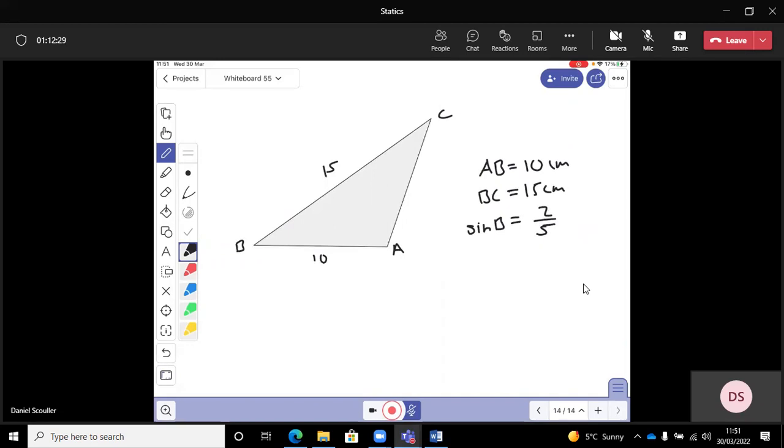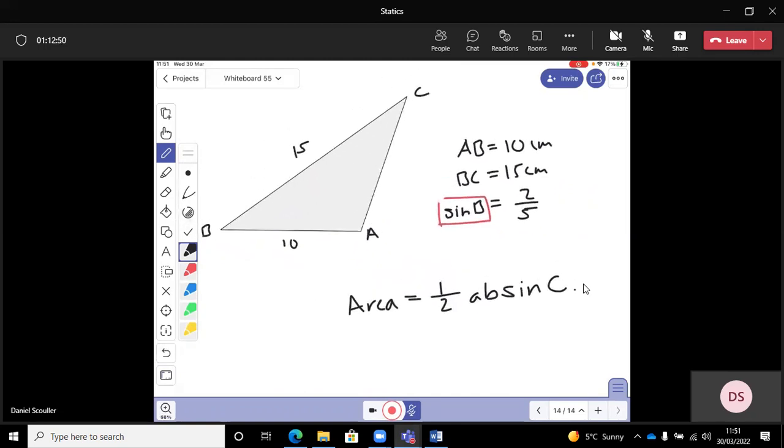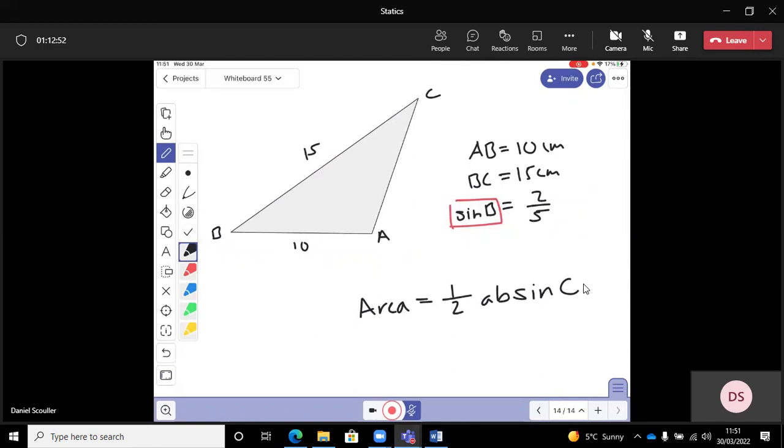And most people were able to pick up that because there's that sine B there, the rule we're using to find the area is the one given in the front of our paper, which is half ab sine C.